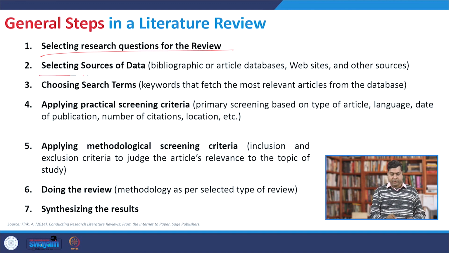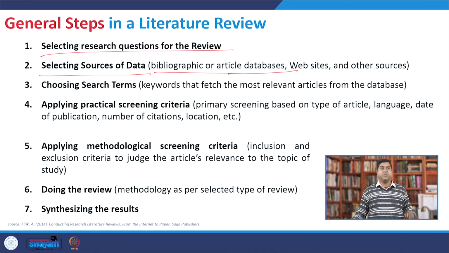Then you have to select the sources of data, which can be bibliographic, or some kind of article database. A bibliographic database has just the titles and overall information; it will not tell you about the content.